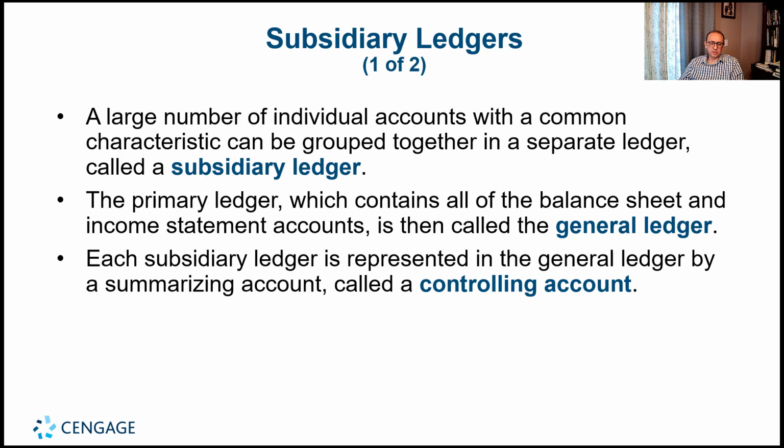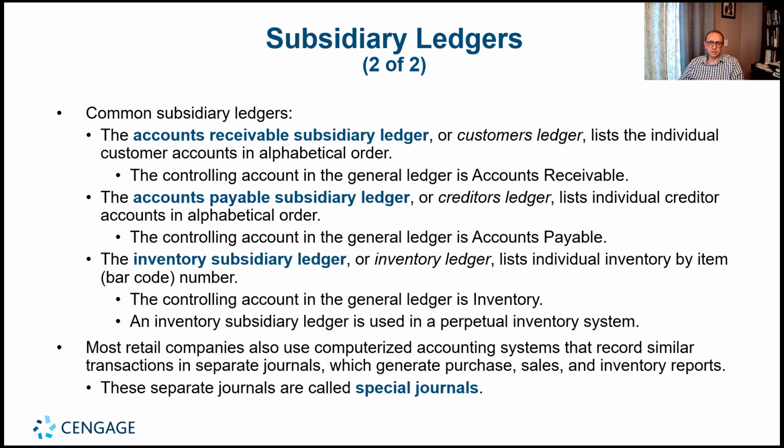And this is basically the idea that I really want you to be aware of. Common subsidiary ledgers are accounts receivable, accounts payable, and inventory subsidiary ledgers. They have specific customer accounts, specific vendor accounts, and specific inventory items, and then we summarize all these in the general ledger using the control accounts at the very end.